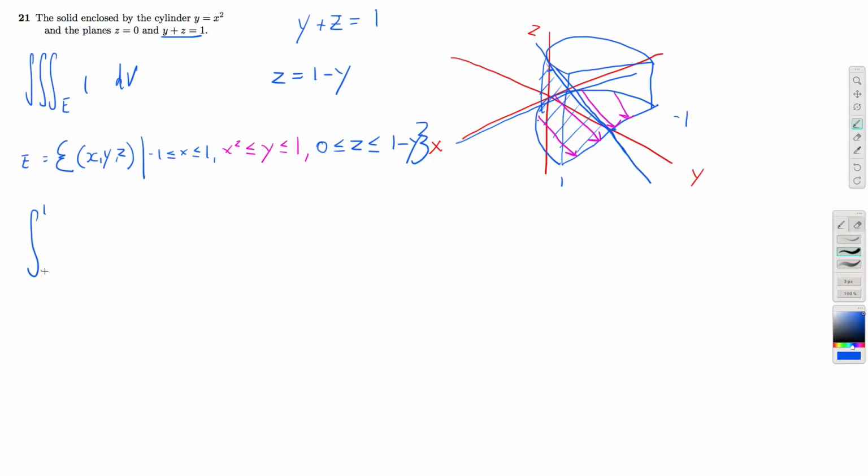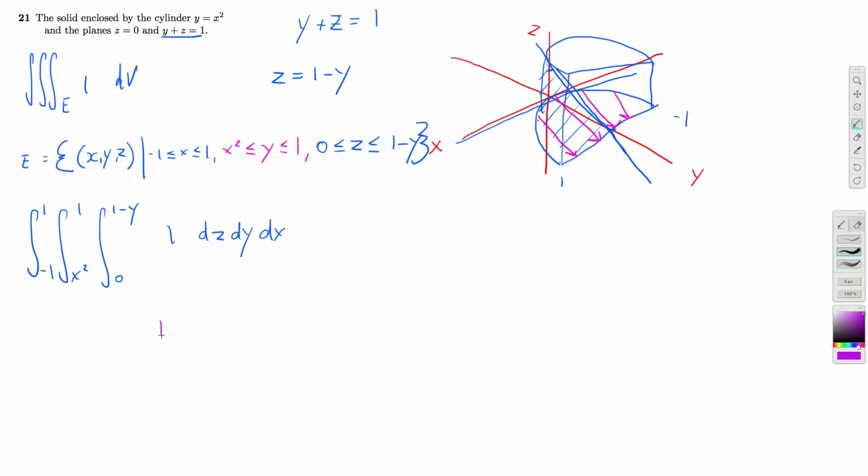So 1, -1. This is when you screw things up. So 1 is your bigger number, x squared is your smaller number. 1 minus Y, 0, 1, dz, dy, dx. Let's just do this really quick and really messy.